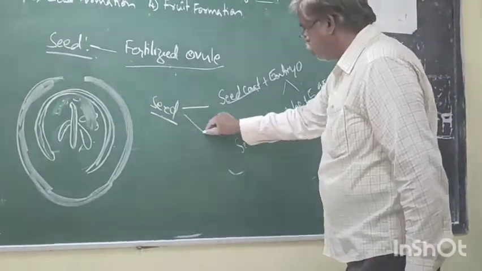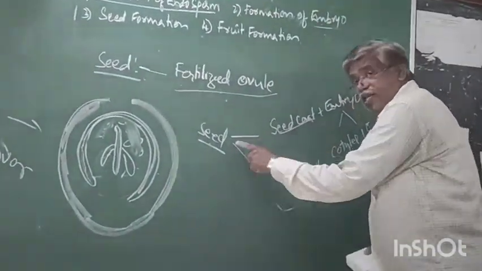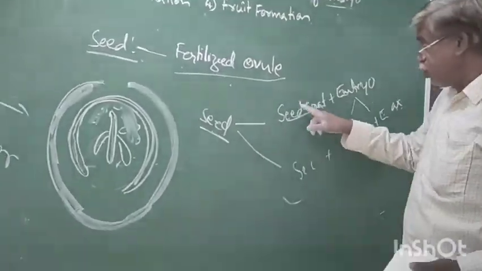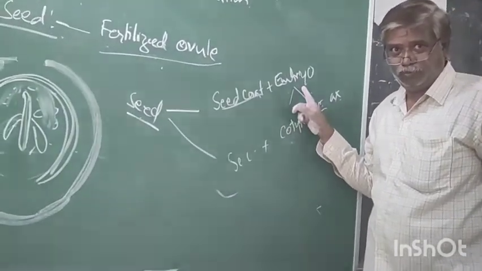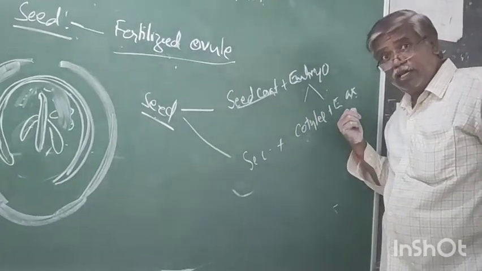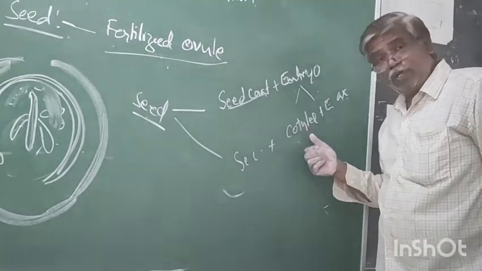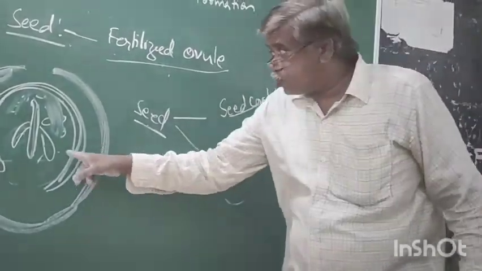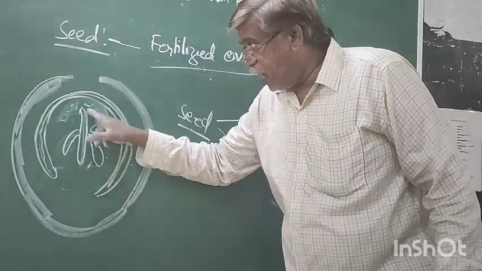So you can say seed has two parts, or three parts, according to your interest. If it is two parts, seed coat and embryo. But the embryo is again two parts, cotyledons and embryonic axis. These two together are called embryo, which means the cotyledon is also part of the embryo. In this total embryo, what is this longitudinal part? Axis.